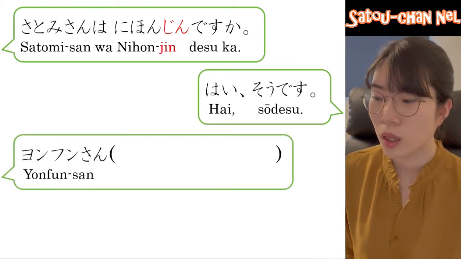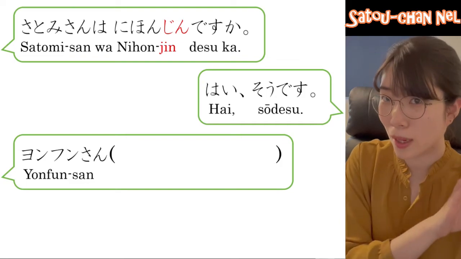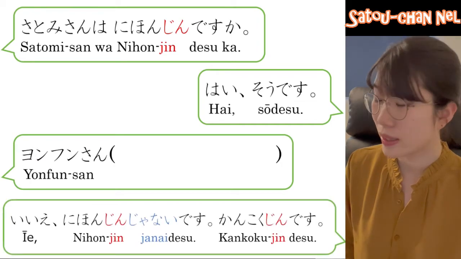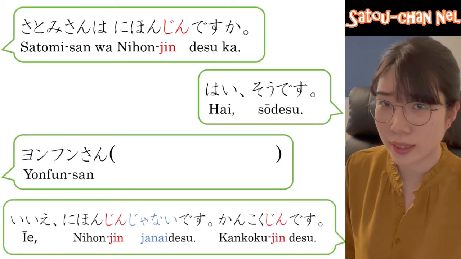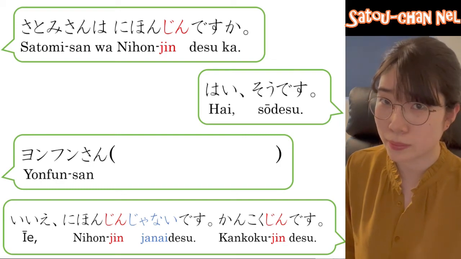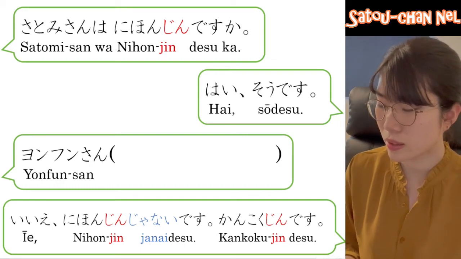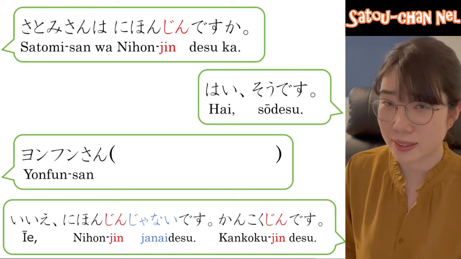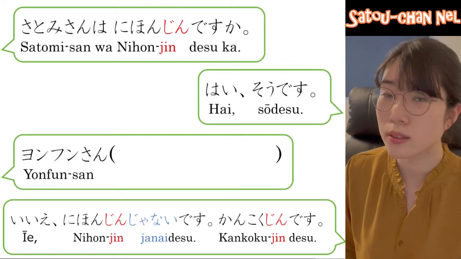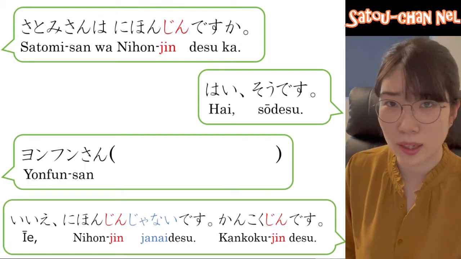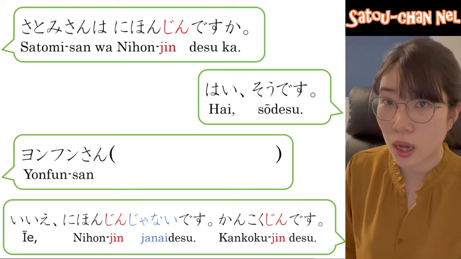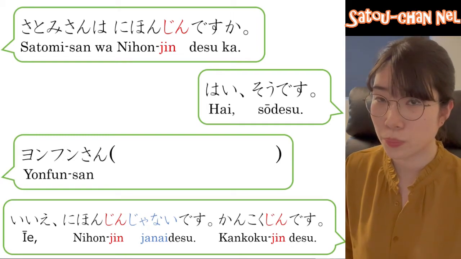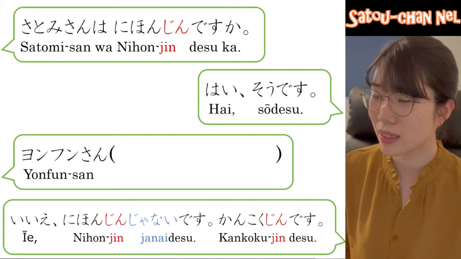And then, ヨンフンさん blah blah blah. There's a blank here. And then, いいえ、日本人じゃないです。韓国人です。Please translate the last sentences. いいえ, no. 日本人じゃないです, not Japanese. 韓国人です。韓国 is which country?